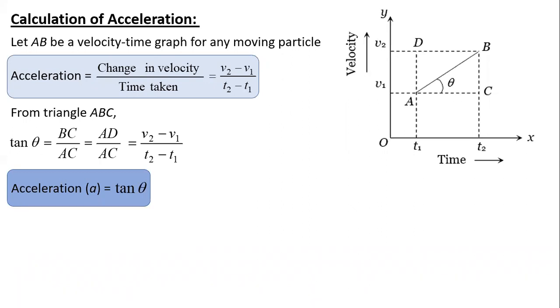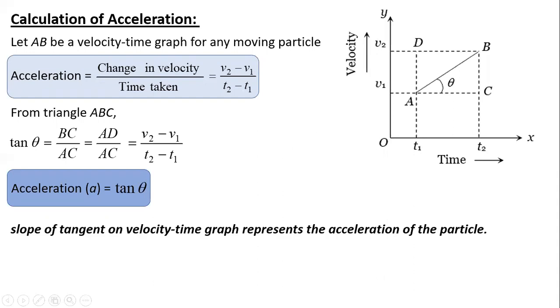In position time, we had velocity equal to tan theta. In velocity time graph, we have acceleration equal to tan theta, change in vertical upon change in horizontal. So the slope of the tangent on the velocity time graph gives the acceleration of the particle.